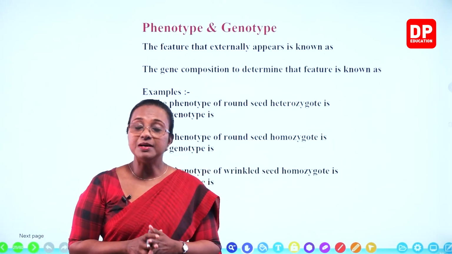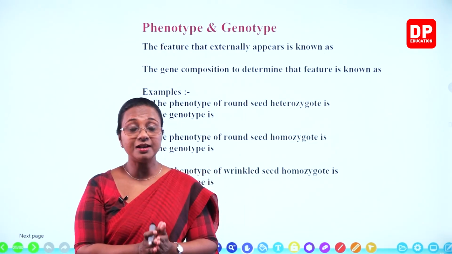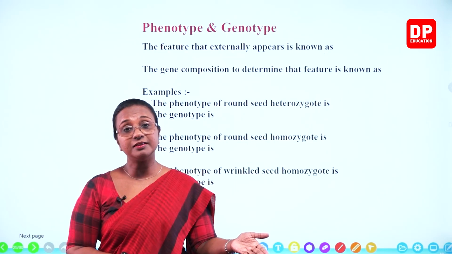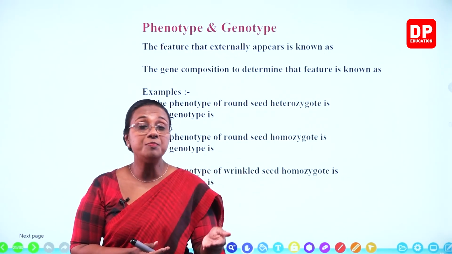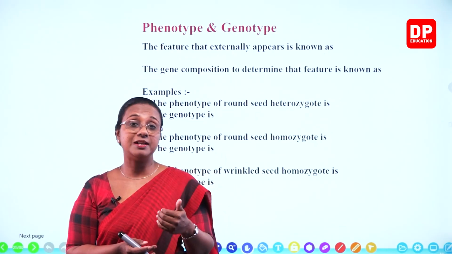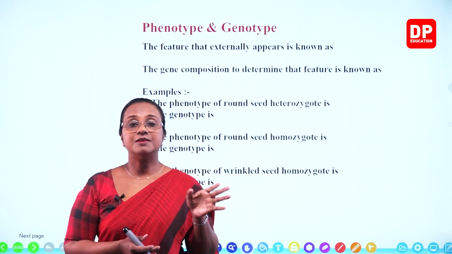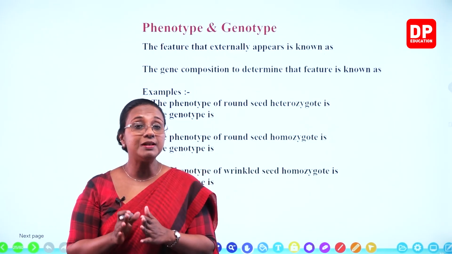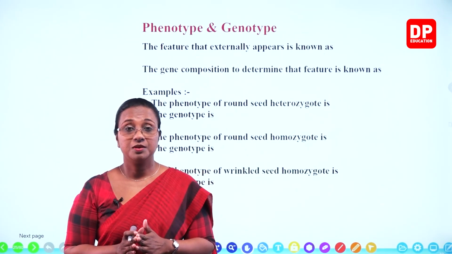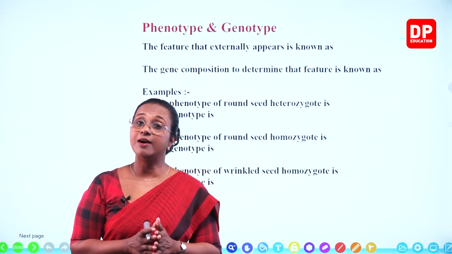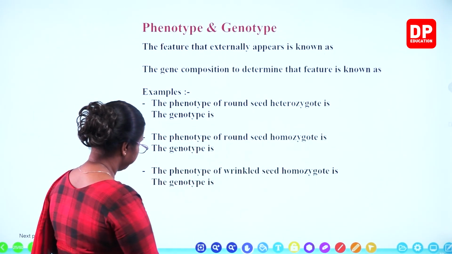So you can remember the round and wrinkled seeds. If it is capital R, that gives rise to the round character. Round character is the phenotype that is observed, whereas the capital R combination is the genotype. Wrinkled seed is the phenotype and the simple R combination is the genotype. Those are two terms that you have to remember: phenotype and genotype.